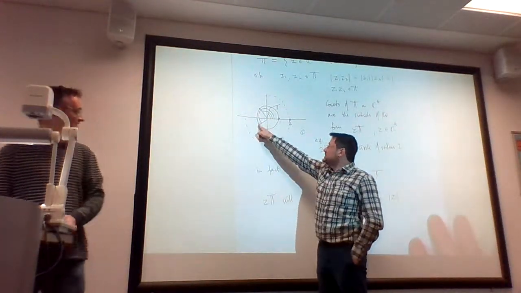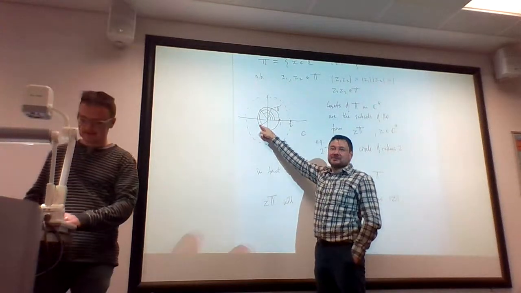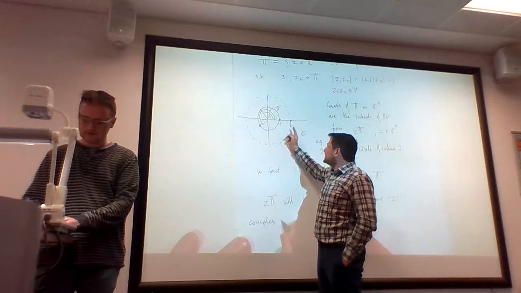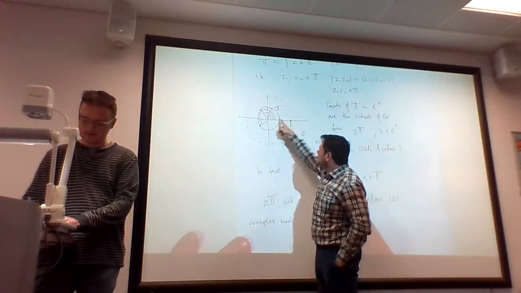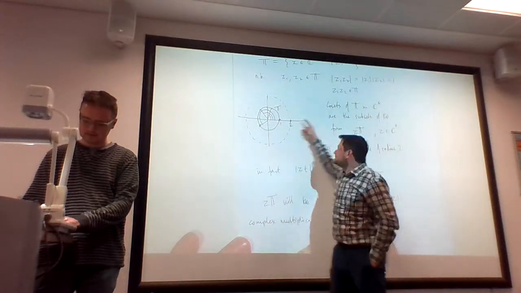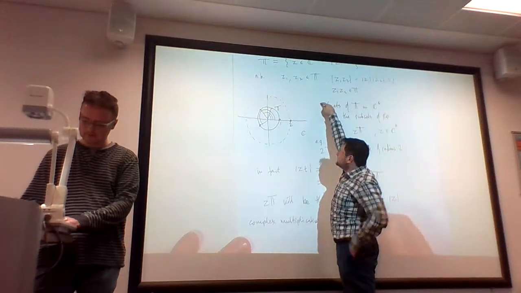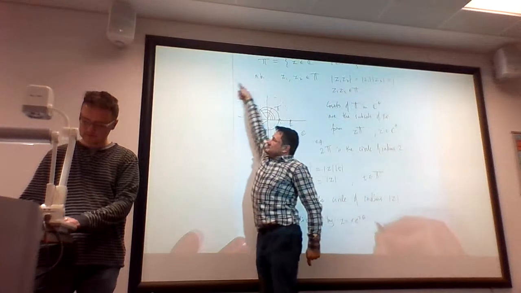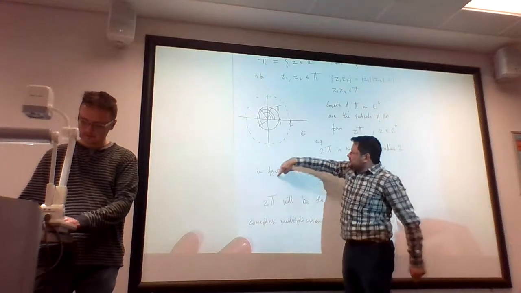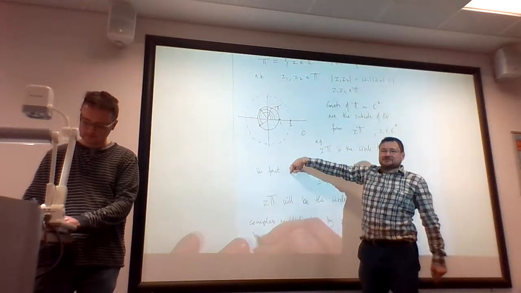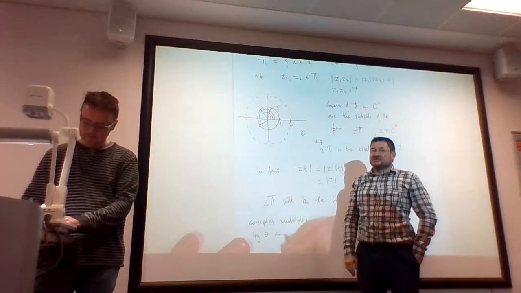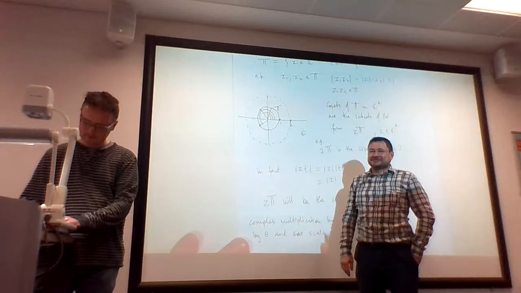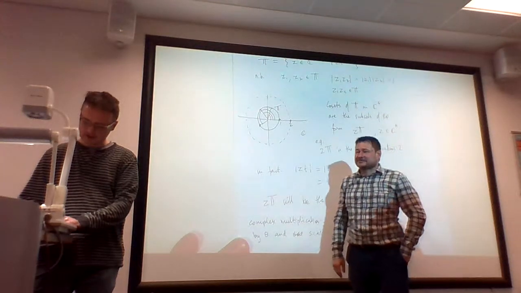Multiplying by a complex number means rotating it by that angle. So anywhere in the plane, you multiply it by this, you rotate it by that angle, and you end up somewhere here. That's how complex multiplication works: rotation and scaling.